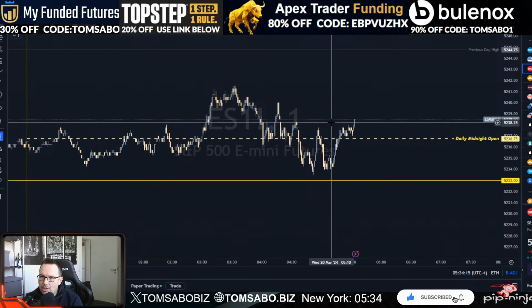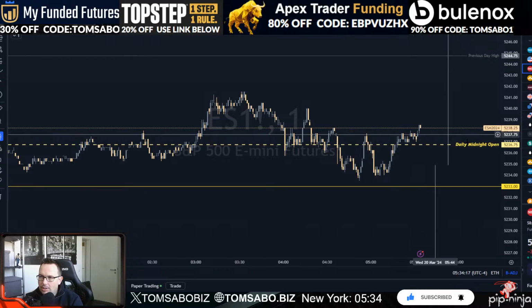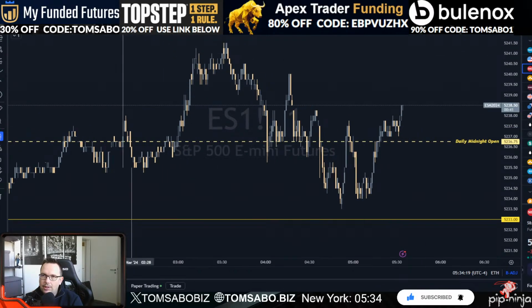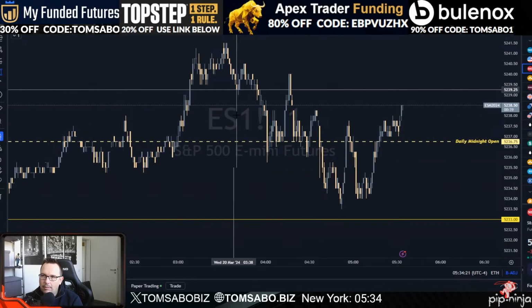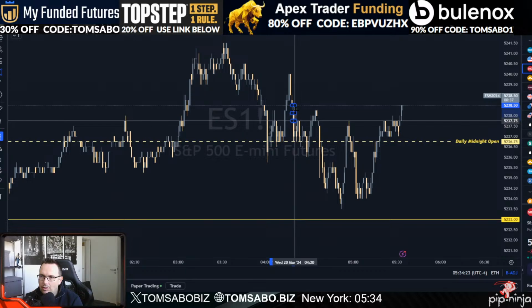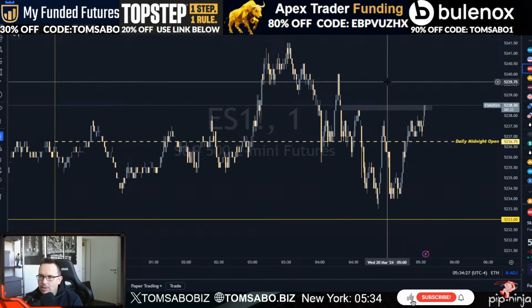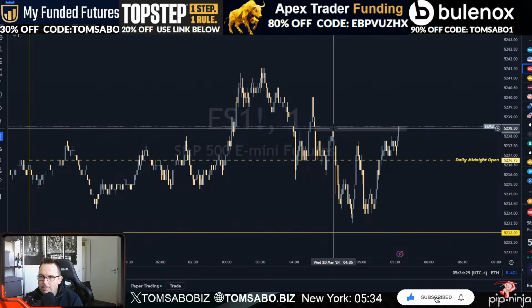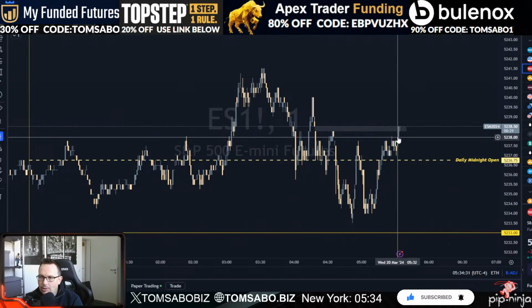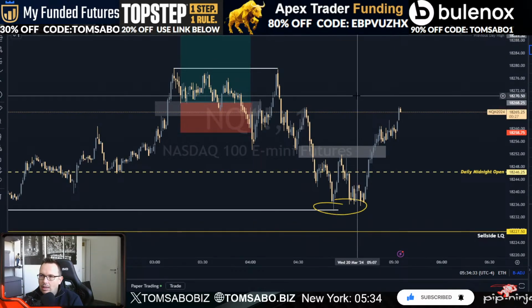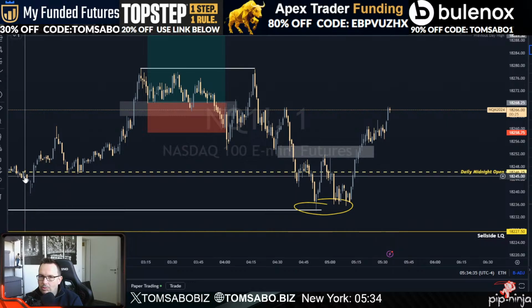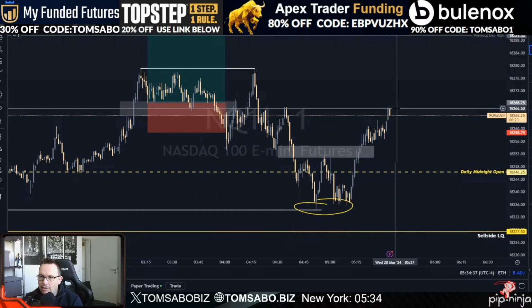That's why I was watching the ES, because there was a small liquidity void here. Let me show you right here. I was watching if ES might want to reprice that liquidity void, because if that happens, I assume that NQ should be popping higher, which it did.